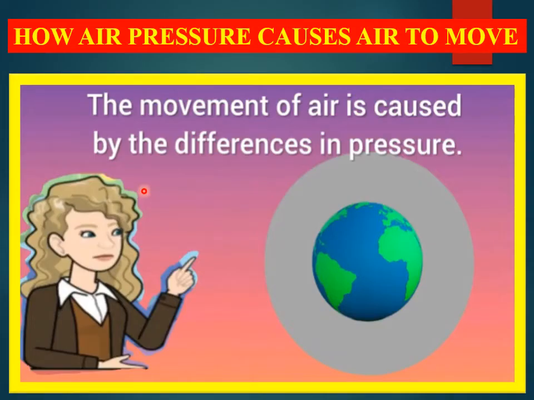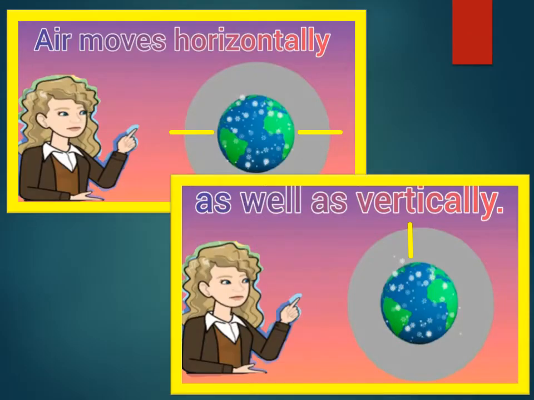Let us now understand how air pressure causes air to move. Yes, the movement of air is caused by the differences in pressure. Children, you must know that air moves horizontally as well as vertically.